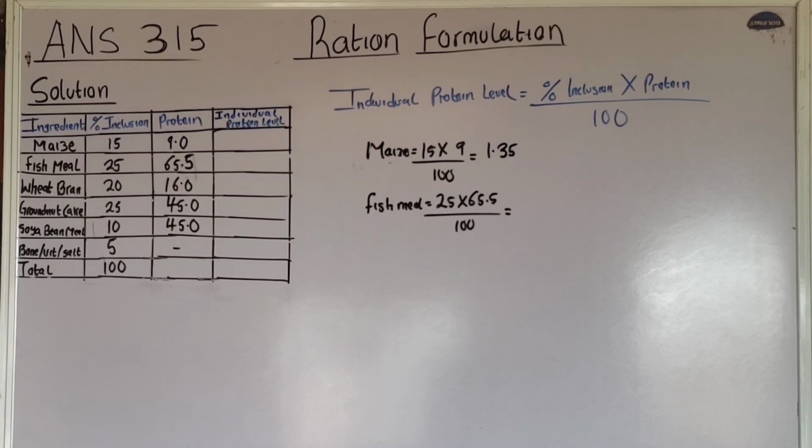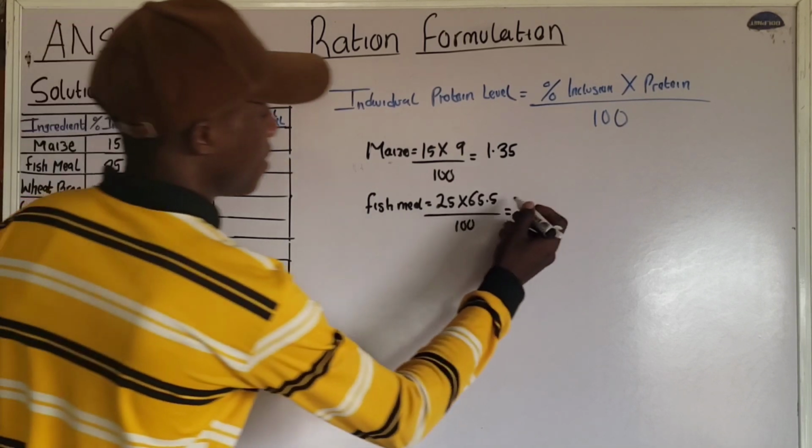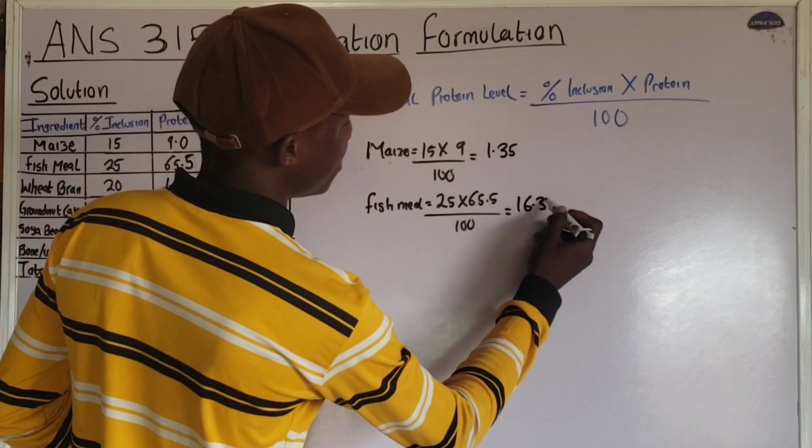So now let us proceed. 25 multiplied by 65.5 will give us 1637.5. 1637.5 divided by 100, that is 16.37. You understand? 16.37. So I'm going to have 16.37.